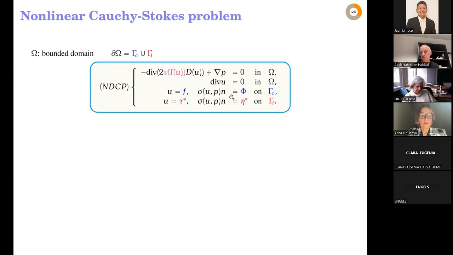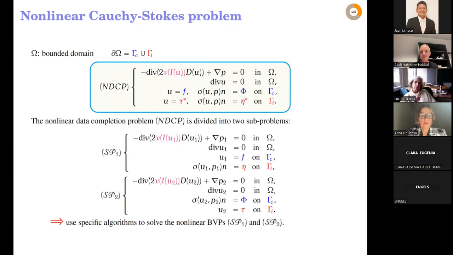And here we have a formulation of a quasi-Newtonian Stokes flow. So this is the Cauchy formulation. We have F and phi on gamma C, and we want to recover tau and eta on the unknown gamma I. So these tau star and eta star are unknown, and we would like to recover them. So we started by formulating two state equations, and these two state equations are nonlinear. We have a nonlinear Cauchy Stokes, a nonlinear boundary value problem for Stokes here, and here we have also a boundary value problem, which is also nonlinear.